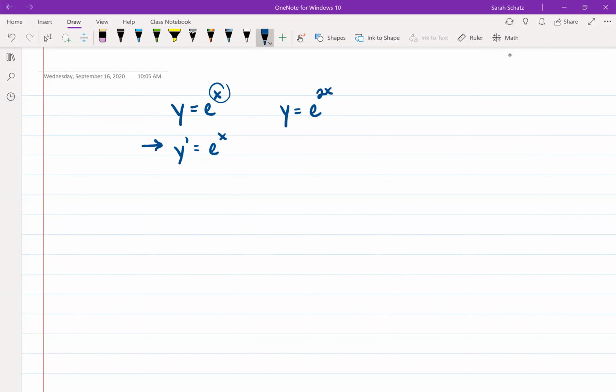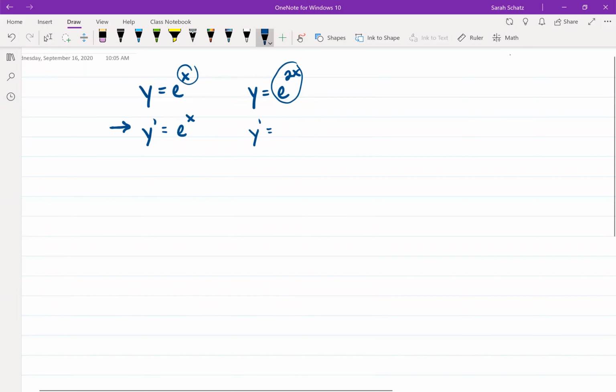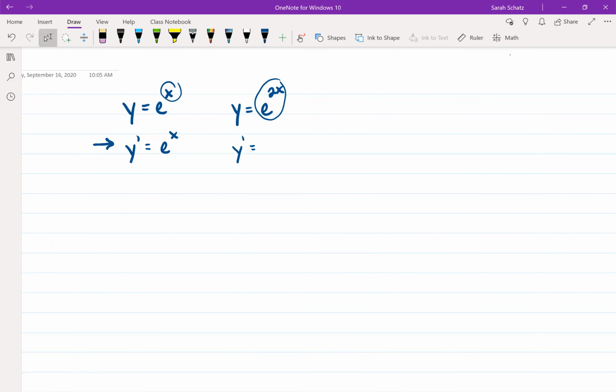If we have e to the 2x, the thing about exponential functions is that the process of taking the derivative of the exponential term is the same as the basic process. The whole term comes down as is. That happens because it's an exponential function. So I say, oh, e to the 2x, it's exponential, so it's going to come down exactly as is.